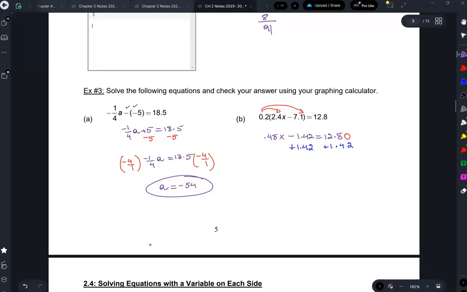And so now, if I add all this, I get 0.48x is equal to, let's add this. 0 plus 2 is 2. 8 plus 4 is 12. I carry the 1. 2 plus 1 is 4. There is a point here, 4, and then 1. Do you see how I did it without a calculator?